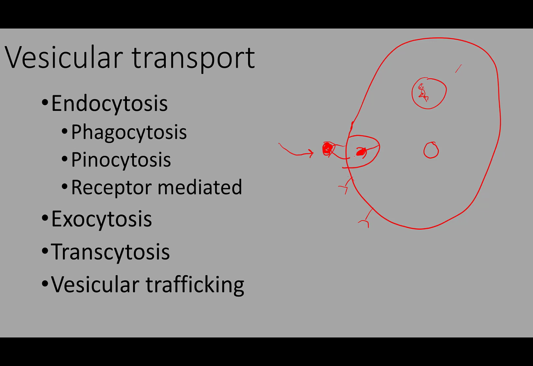So this folds inward, it creates a vesicle, but whatever was bound to that protein is now inside the vesicle.